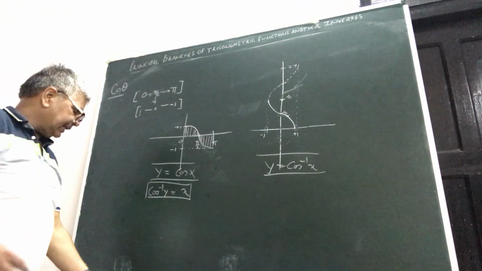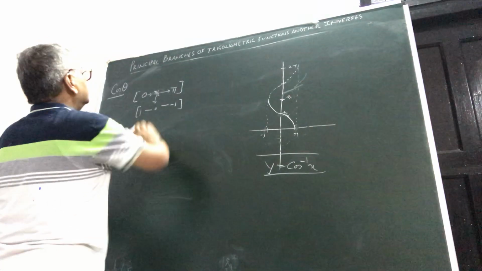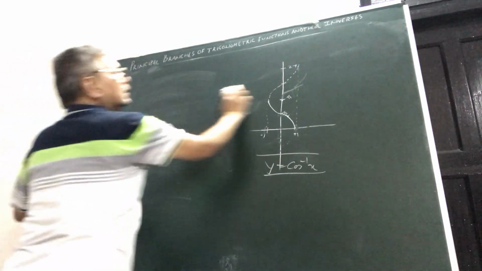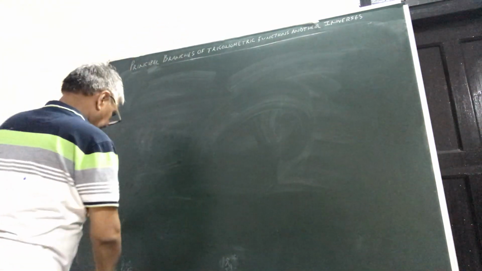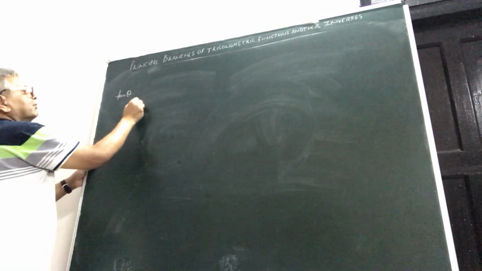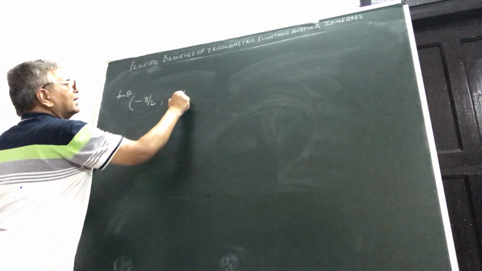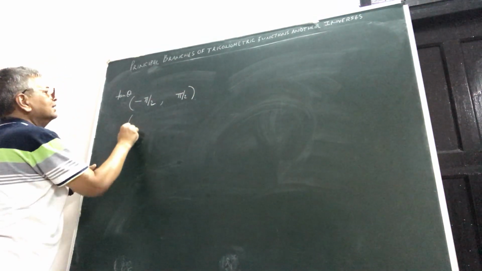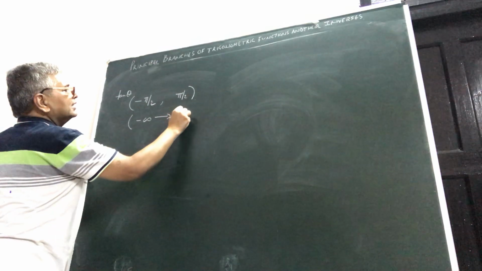Now let us take the tan inverse, same thing. Tangent theta, you have seen its principal branch is the open interval minus pi by 2 to pi by 2. And how are the values taken here? Minus infinity to plus infinity here.